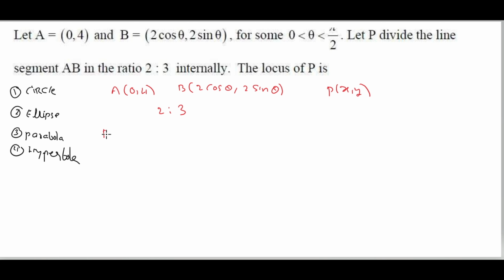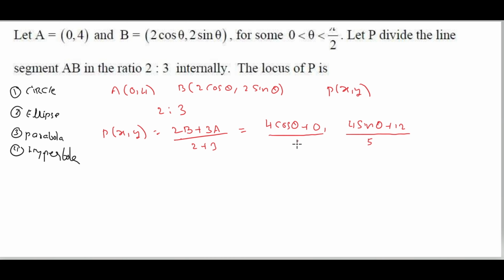So the point P(x, y) is equal to 2 into second coordinate B plus 3 into first coordinate A by 2 plus 3, that is 4 cos theta, 4 sin theta plus 3 into 4, 12, by 5.